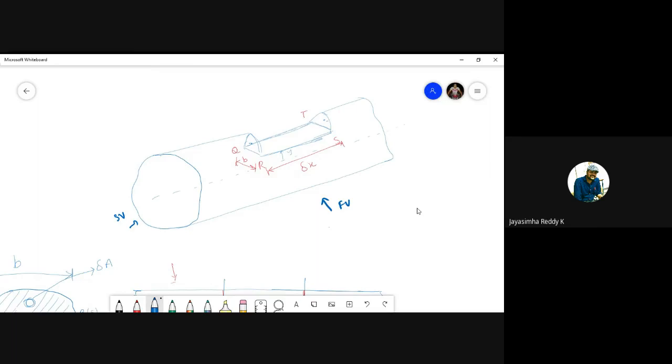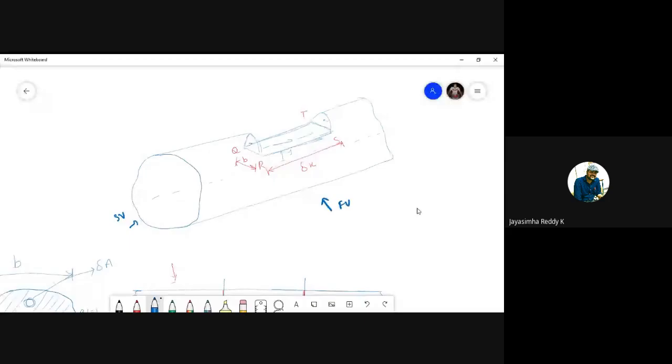Is it clear, students? Did you understand what I am saying? If there is a difference of force here and here, this elemental block, which I have considered a very small portion, has to slide over this surface because of the difference of force. But it is not doing that. Why? Because it is restricted by the shear force over here.